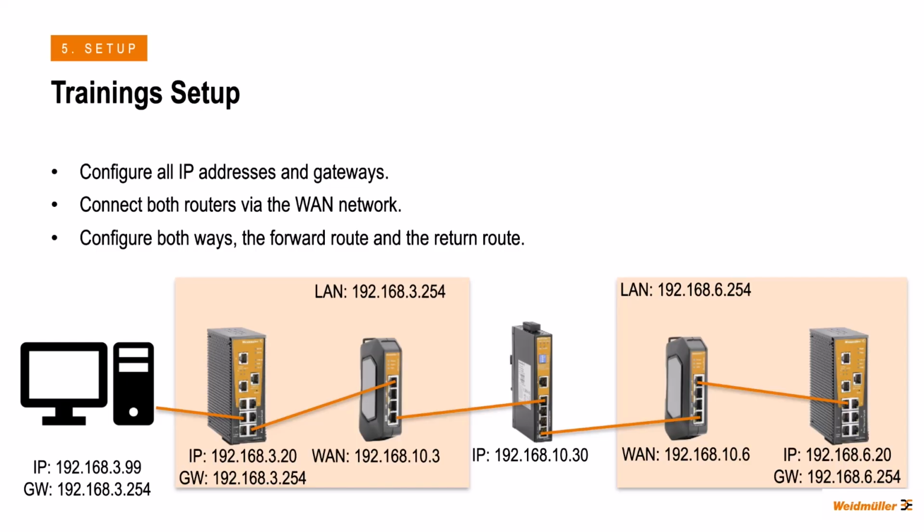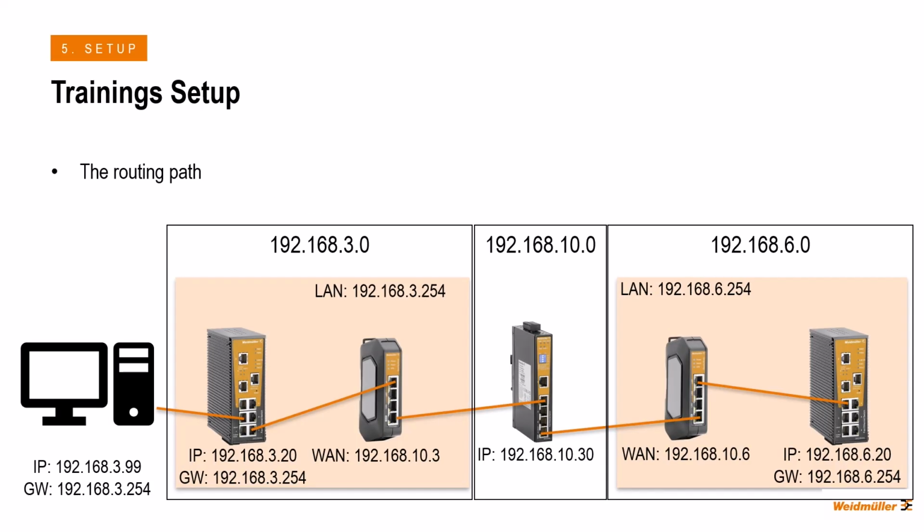The first route defines the forward path from the network 192.168.3.0/24 to the remote network 192.168.6.0/24. The second route defines the return path from the network 192.168.6.0/24 back to 192.168.3.0/24.